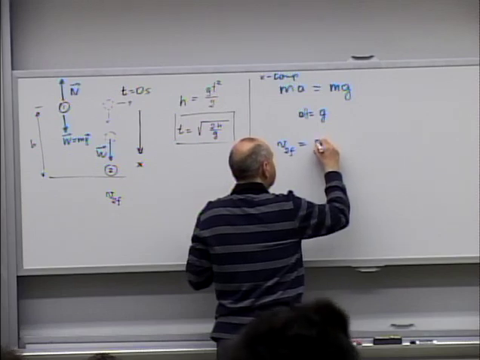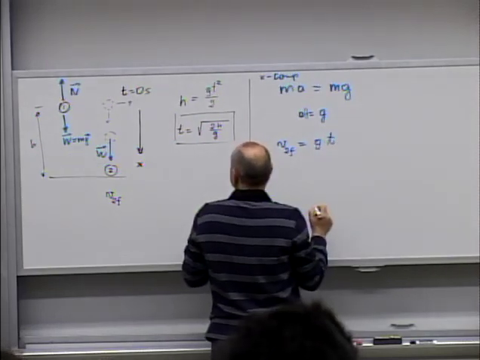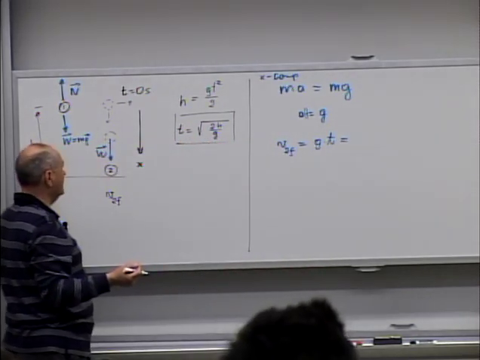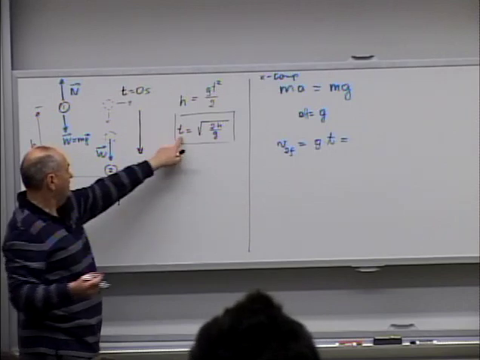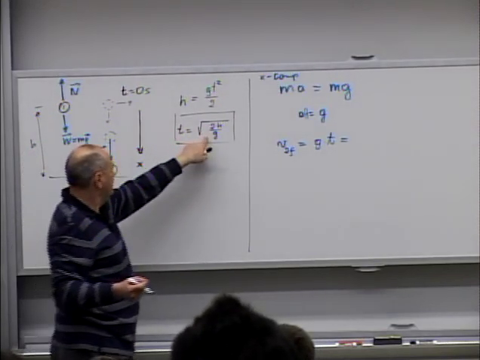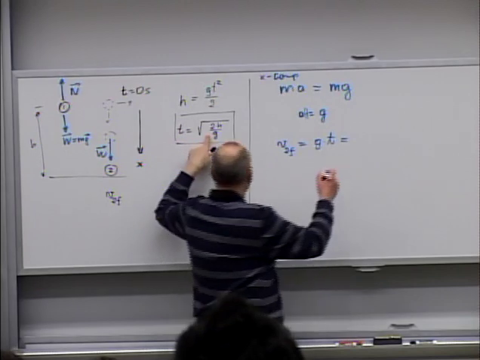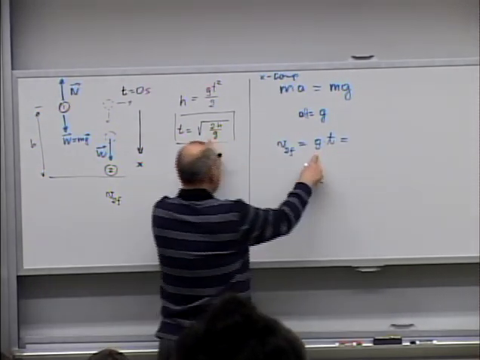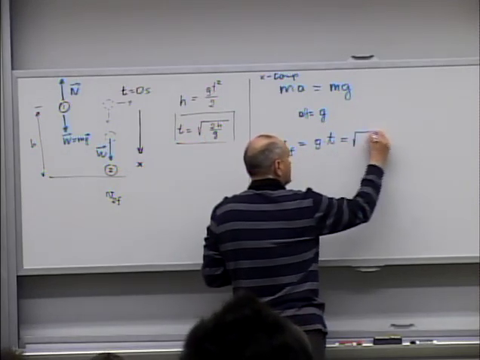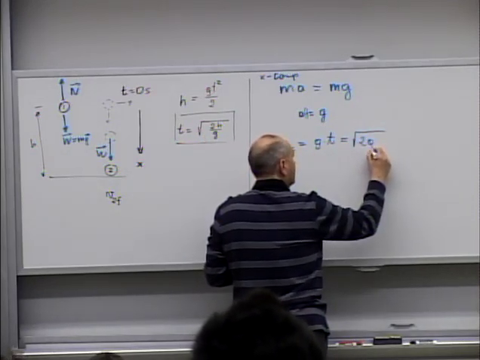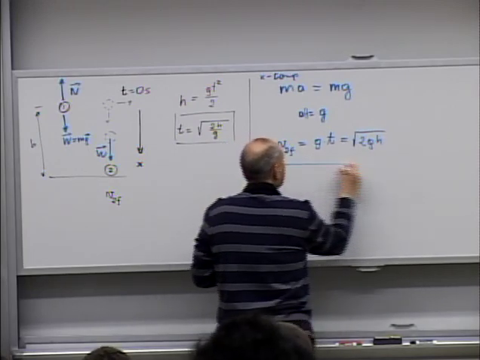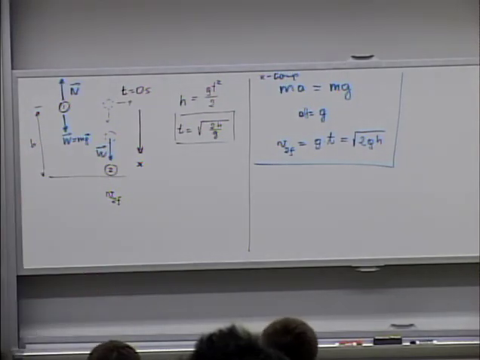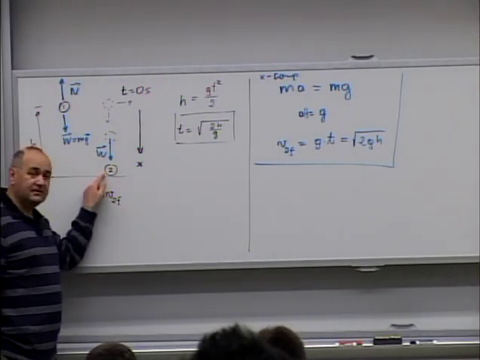So it will be g times t. And since time was not given at the very beginning, but the height, I find that time was related to height in that way. So I have to put it over here. And if I multiply g and this expression, I will get square root of 2gh. Yeah, we figured out the speed of the second particle over here.